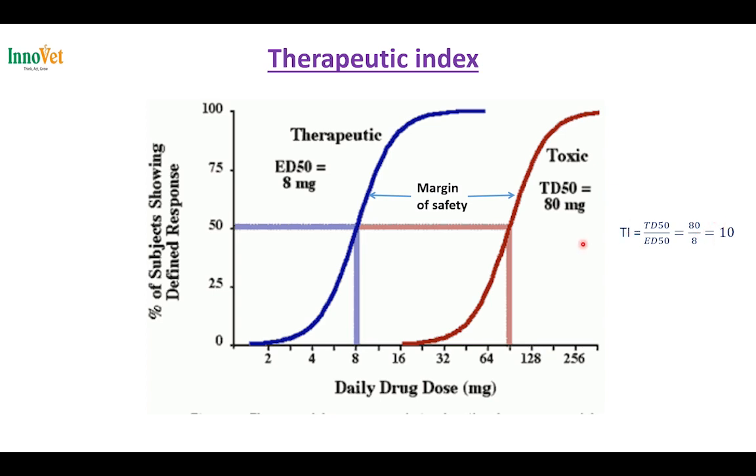Well, another concept that you should take note of is that the higher the therapeutic index, the safer the drug, because then you will require a higher dose to reach the lethal point, and the lower the margin of safety, or the therapeutic index, then the less safe the drug is. So for those drugs, you have to take caution. So this is the whole concept of therapeutic index.